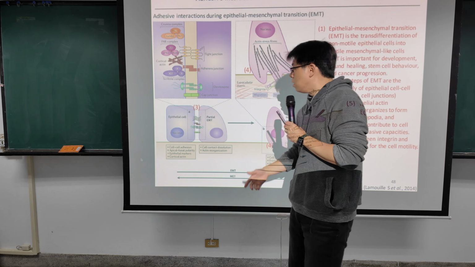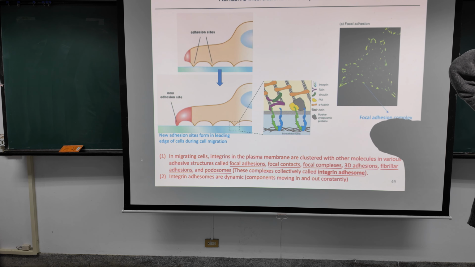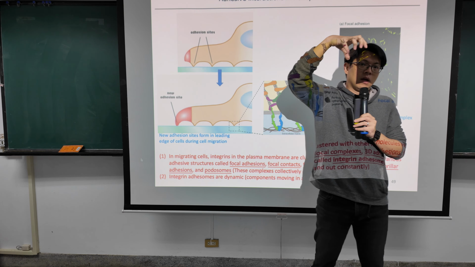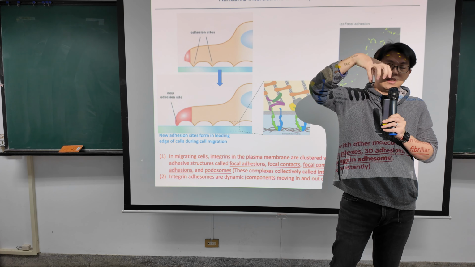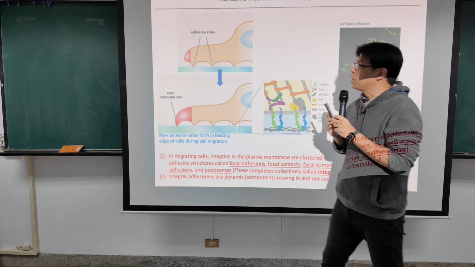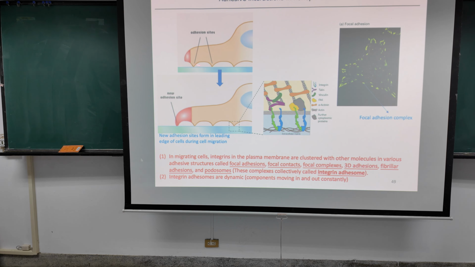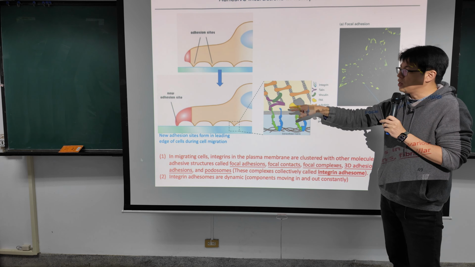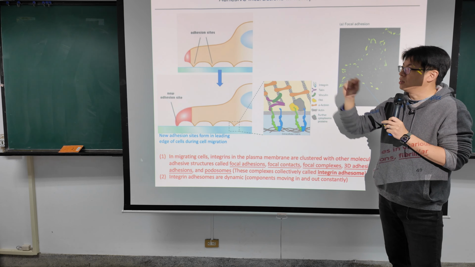So during the migration, the adhesion of the cell does not totally rely on the bottom of the cell. Okay, they actually use some spatial structure to stand on the bottom of the culture dish or stand on the extracellular matrix. We call this specific site an adhesion site. So if you enlarge those adhesion sites, you will see there are a lot of integrin proteins inside this adhesion site.